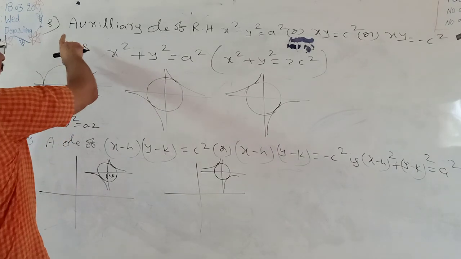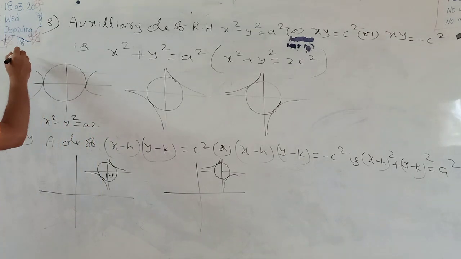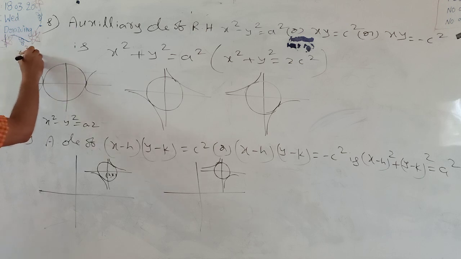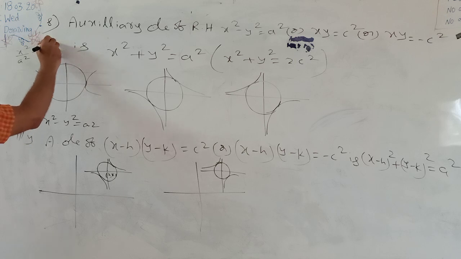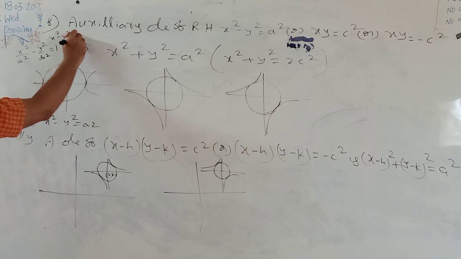Next, note the auxiliary circle. See, the equation of the auxiliary circle of the standard form of the hyperbola x square by a square minus y square by b square equal to 1 is x square plus y square equal to a square.